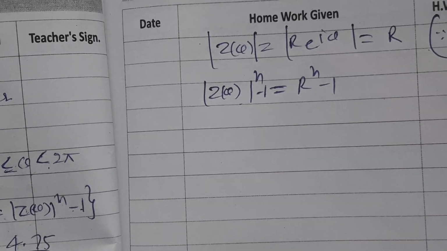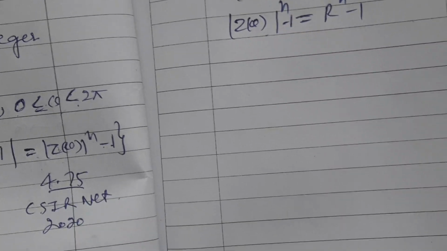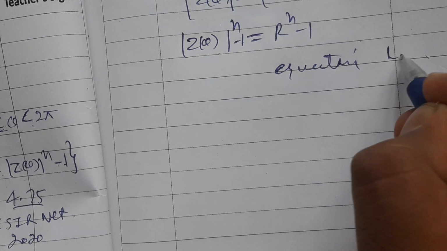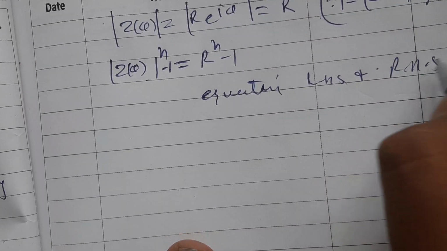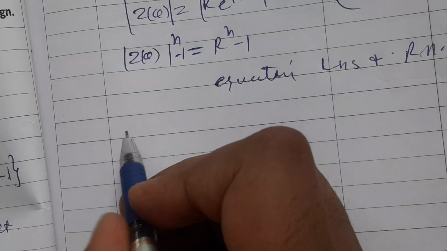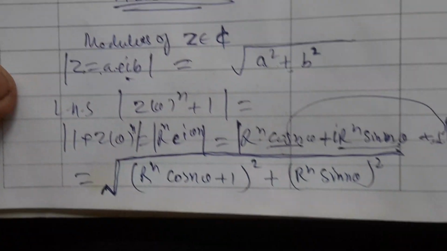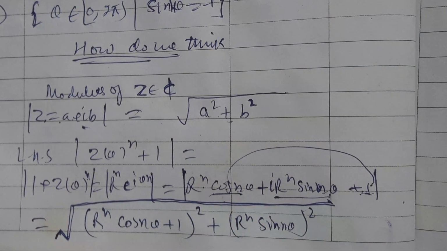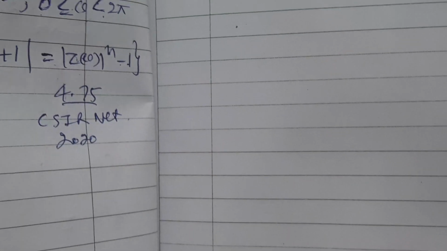Now equating left hand side and right hand side. After equating, my left hand side is this, so let me square both sides, then the square root will be cancelled and there is a square on the right hand side.